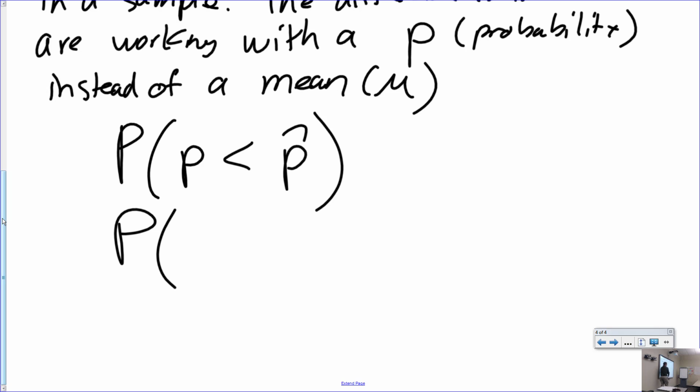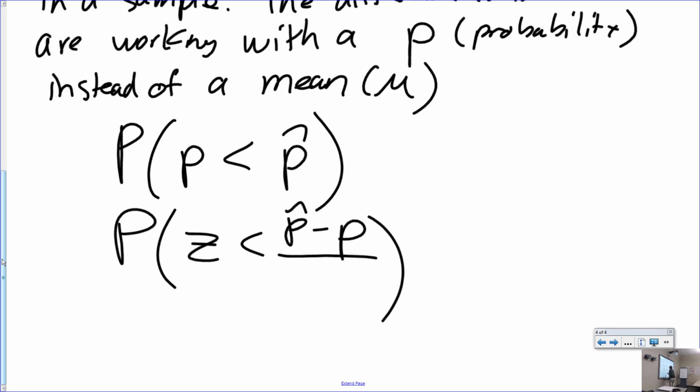The cool part about this is that we get to translate it into a z anyways. The way the z calculation works is that you basically just convert the p into a z. You take p hat minus p, and you divide by the square root of p times 1 minus p all over n.